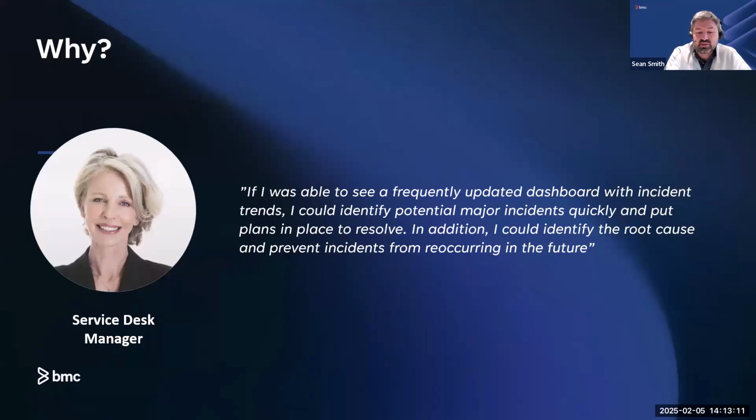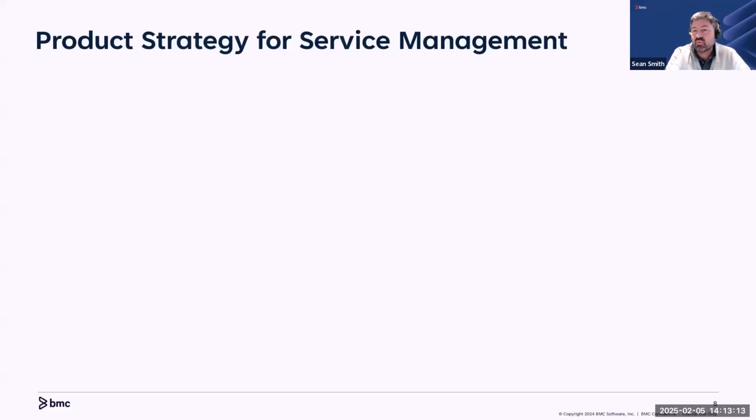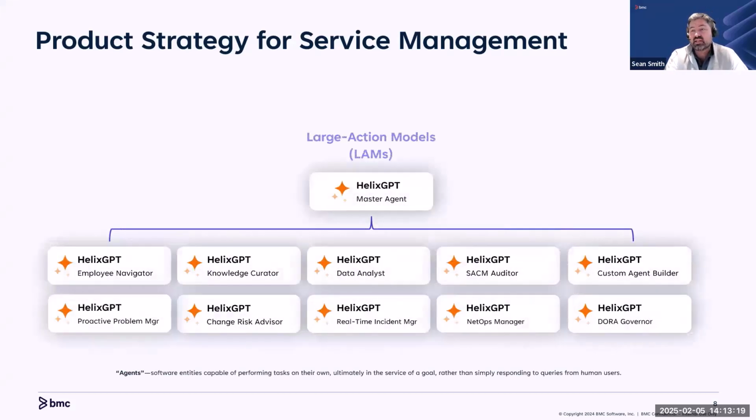So what are BMC doing about this? Our product strategy and roadmap for service management is very strong, and we've gone down an agentic AI route. So you can see we've got something called Helix GPT, which is a master agent. And this agent is conversing and collaborating with all of these specialized agents, which you can see spread across the bottom.